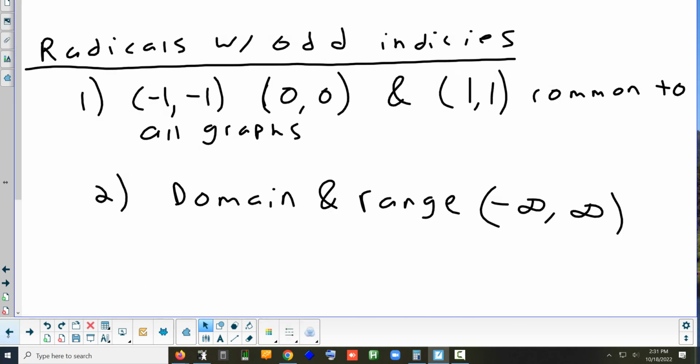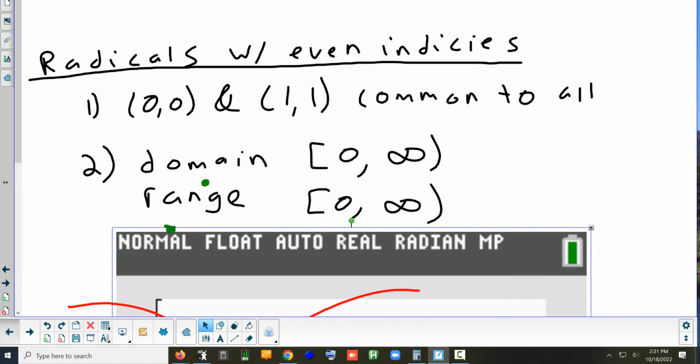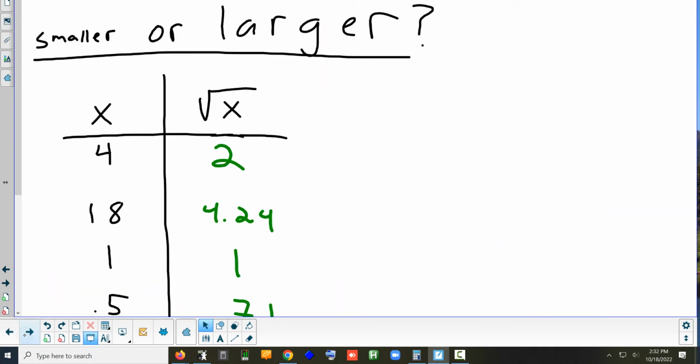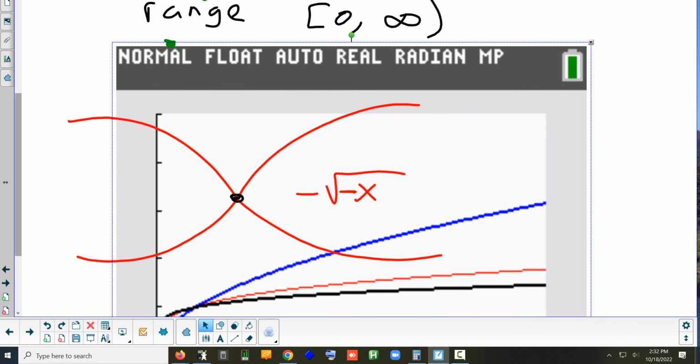For an odd root, I call the point at the origin a center point. It's a center point because that's the center of the graph and it goes in each way from that point. So in odd roots, call the origin the center. For even roots, I call the origin the start point. It starts and curves one way.